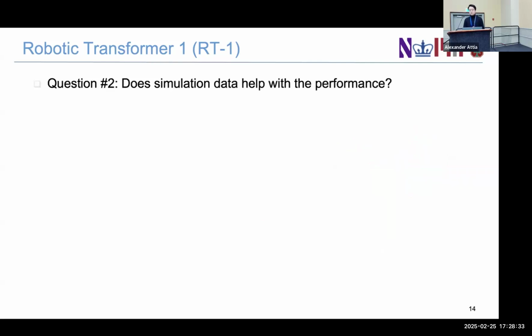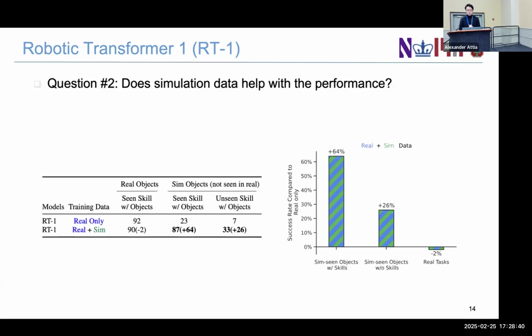The second question is, do other data sources, like simulation data, help with performance? What they do is first train RT1 using only the real data, shown in the first row, and they evaluate their models on objects that were never seen during training.